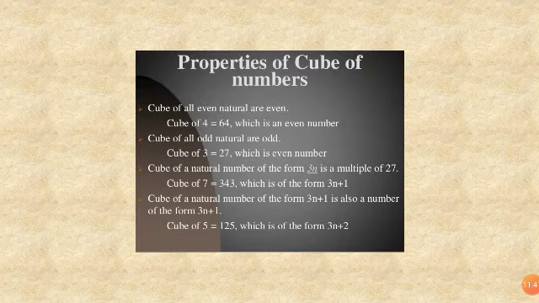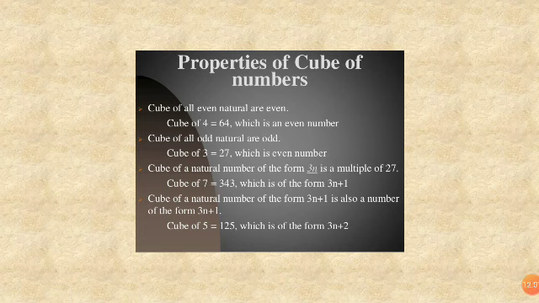Properties of cube numbers. Cubes of all even natural numbers are even. The cube of 4 equals 64, which is an even number. The cube of all odd natural numbers is odd. The cube of 3 is 27. The cube of a natural number of the form 3n is a multiple of 27.